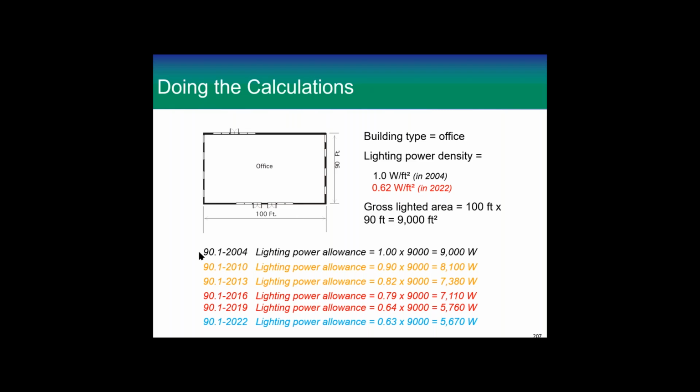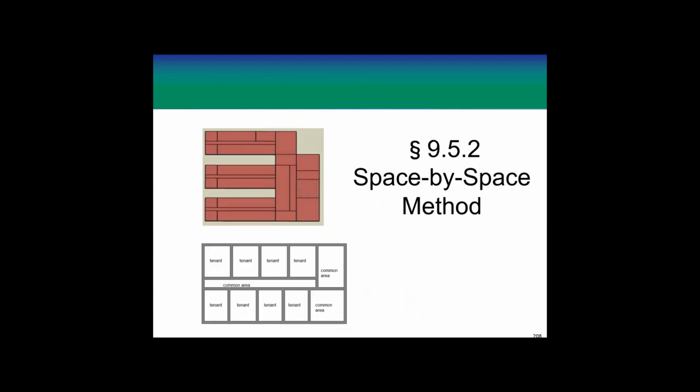In 2004 it was allowed 1 watt a square foot, or 9,000 watts, to light this building any way they wanted to use it inside the building. Now, it's come down to 0.63 watts a square foot in 2022. So where it was 9,000, now you're only allowed 5,670 watts to light the building. So it's been a very good reduction.